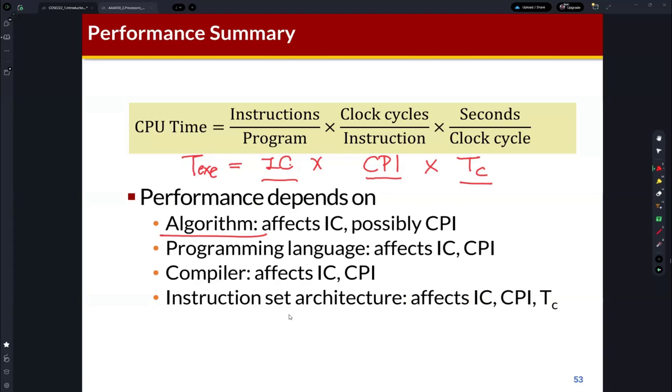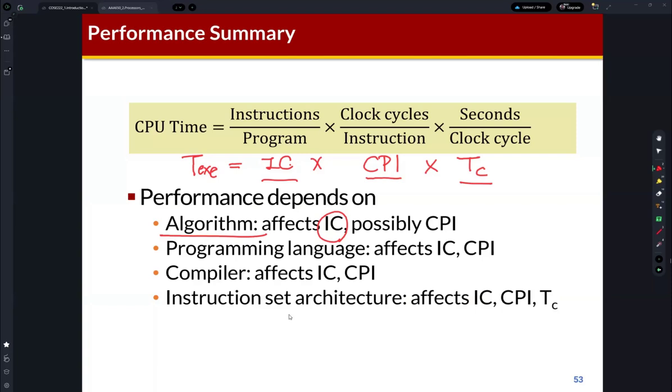The software part influences instruction count, obviously, right? If we write a different application, a different code, then these codes will have a different number of instructions. Some code is short, and some code is long, right?